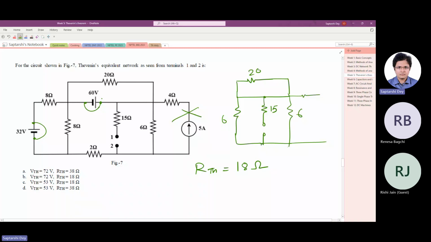It's a problem of super node, it looks like, because there is a voltage source without any resistance in series.